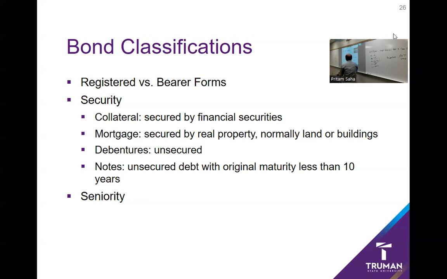Collateral, we already talked about that, right? Some sort of security. Mortgage, some sort of security. When there is a bond without any collateral, this is also known as debenture. Debentures will never come with any collateral or asset backing.